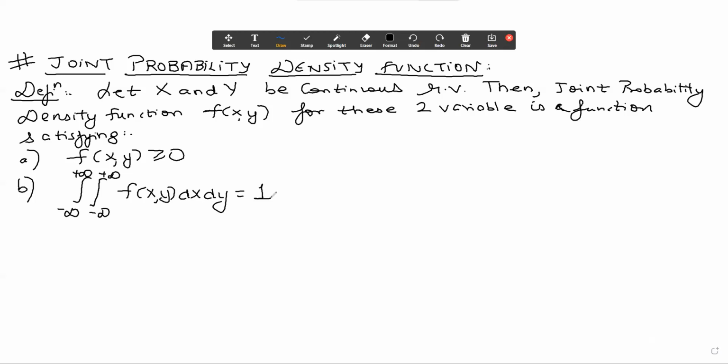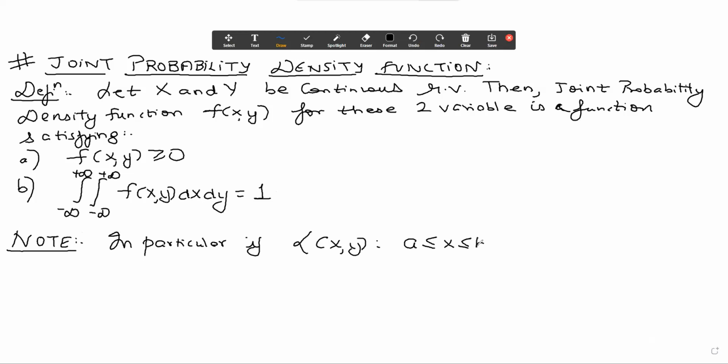Okay, let's write a note. In particular, if my set of x comma y is such that x lies between a and b and y lies between c and d, you can think of it like a rectangle which is being formed.